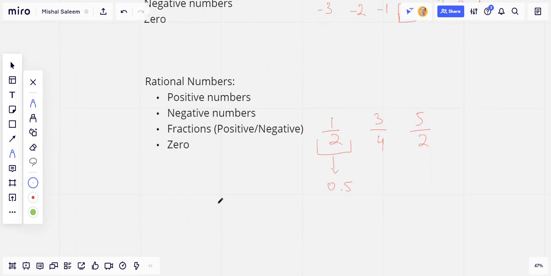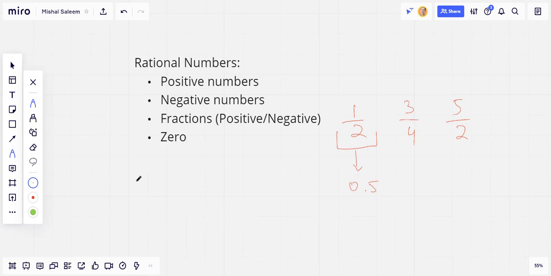Okay, now let's make it a bit more complicated. Let's say there is a number that is 1/√2, and as we have said already, all the fractions are rational numbers. So is this fraction a rational number?